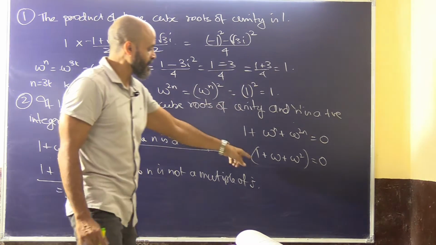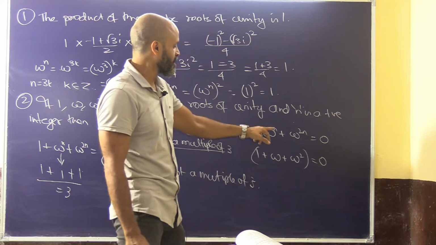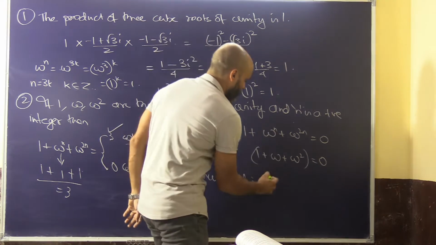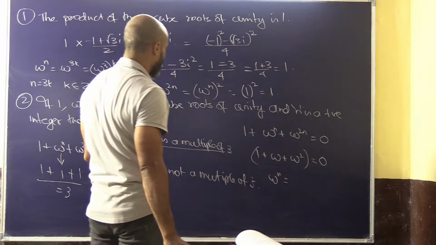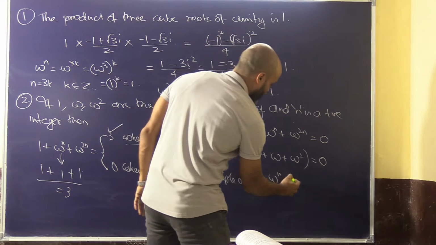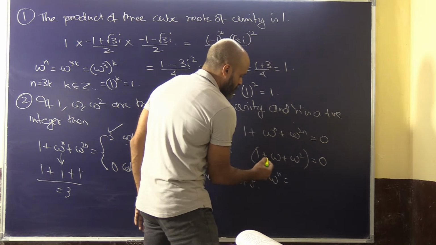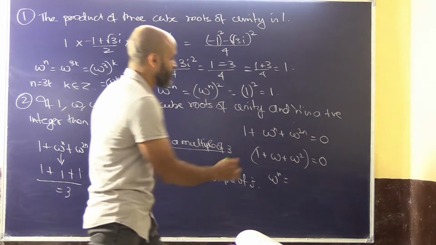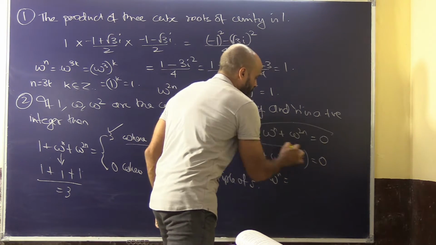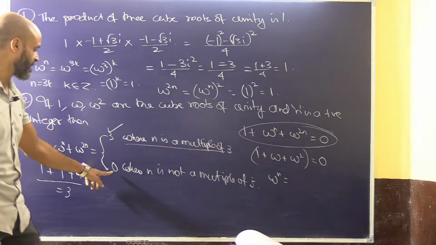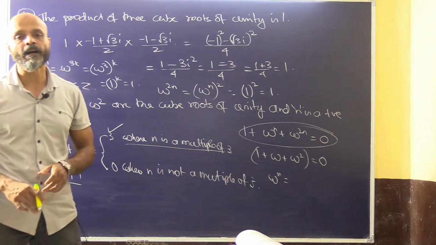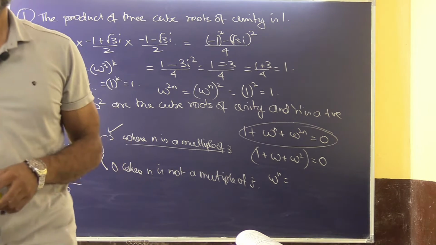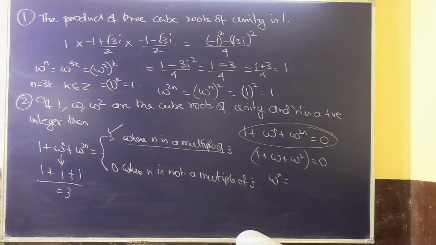So omega n, if it is not a multiple of 3, whatever it is, then obviously this entire thing will become 0, and hence 1 plus omega n plus omega 2n will become 0. So this is an important property, where n is not a multiple of 3.